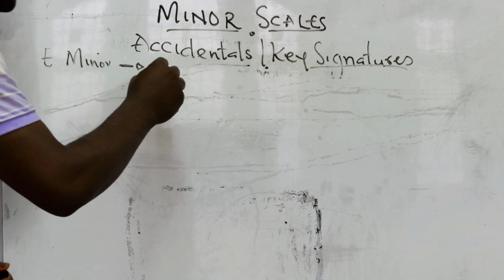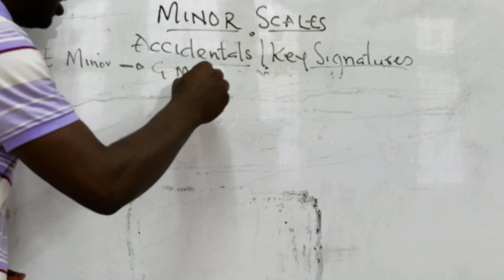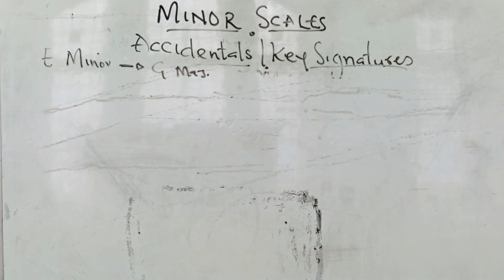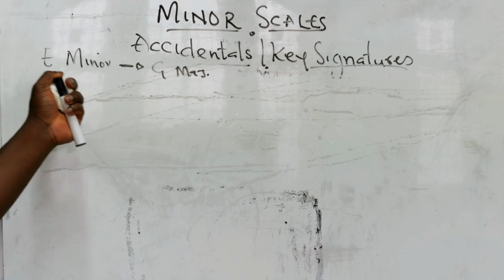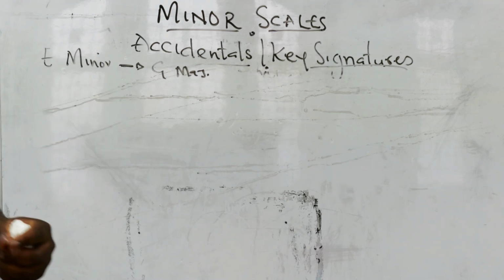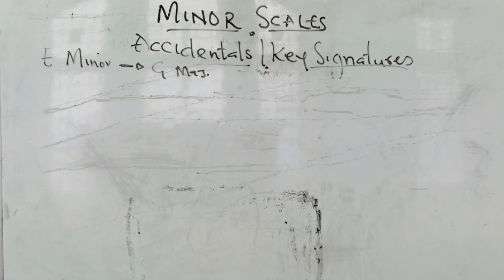So it means it will use the key signature of G. Like I told you, what you just need to do is construct the scale of G, and then start from the 6th note, which will be E. Let's try it together. Let's leave the intervallic structure and try this method I've taught you. Let's construct the scale of G major first.